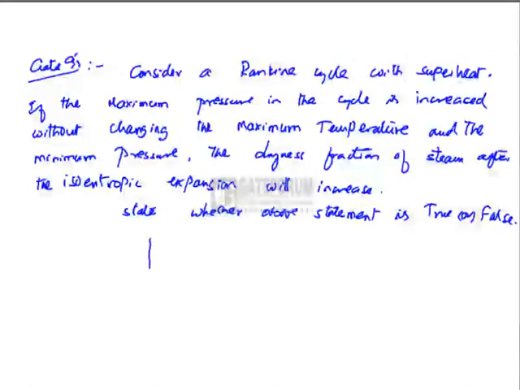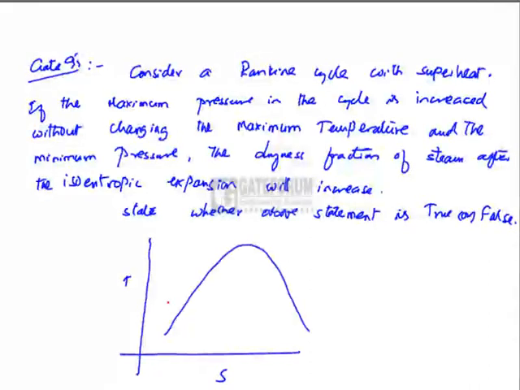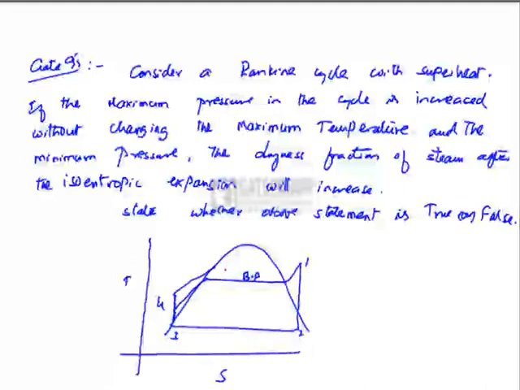Now let us draw the given statement on a TS plane. We had considered the Rankine cycle with a superheat, that is 1, 2, 3, 4. If the maximum pressure in the cycle is increased, that is boiler pressure is increased, without changing the maximum temperature, the maximum temperature is kept constant.